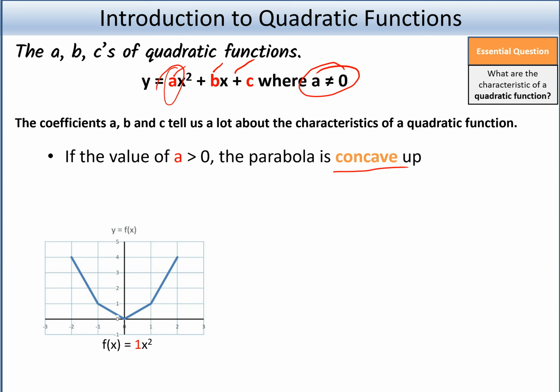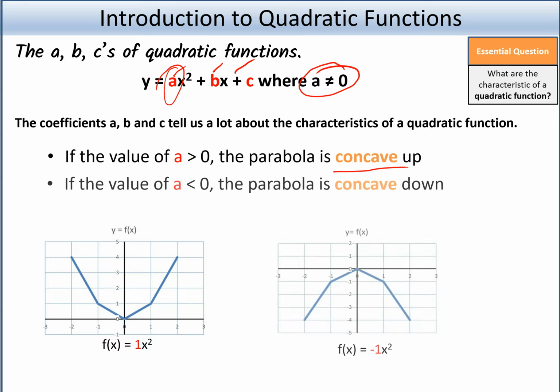If it's less than 0, we're concave down. Remember, even x squared has a coefficient of 1. And the opposite of x squared, the coefficient is -1. So we have concave up and we have concave down. We know that because of the sign of the coefficient a.